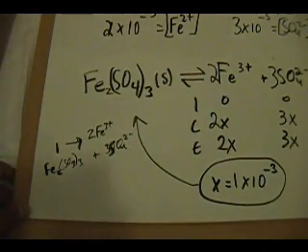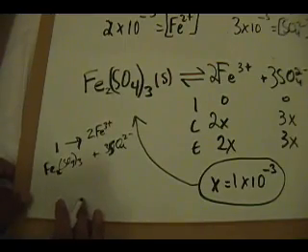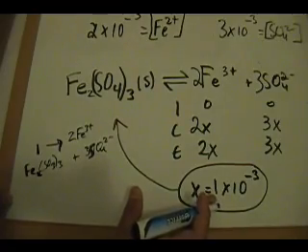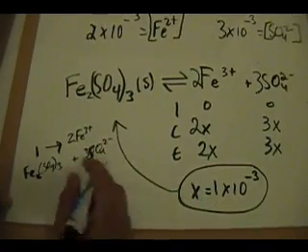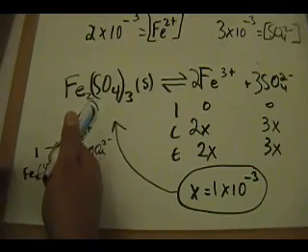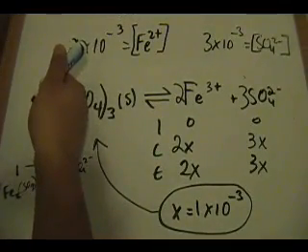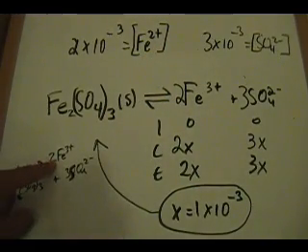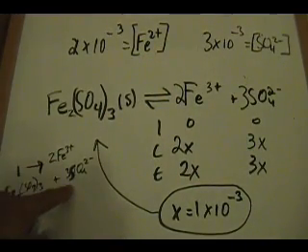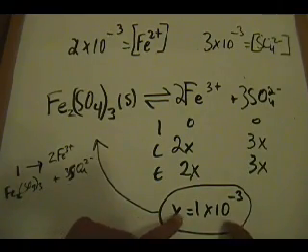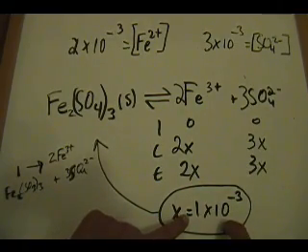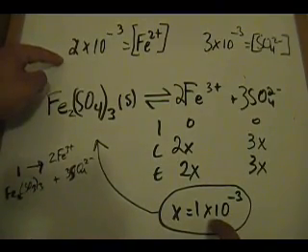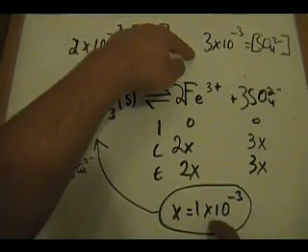That's what we get. Similarly, we're going to do the same thing. For every 1 times 10 to the negative 3 of this compound that dissolves, we get 2 times 10 to the negative 3 and 3 times 10 to the negative 3. Again, we generate 2 times that amount and 3 times that amount, and that's exactly what we did. This is the value we had that dissolved, and we generate 2 times this amount and 3 times this amount over here.